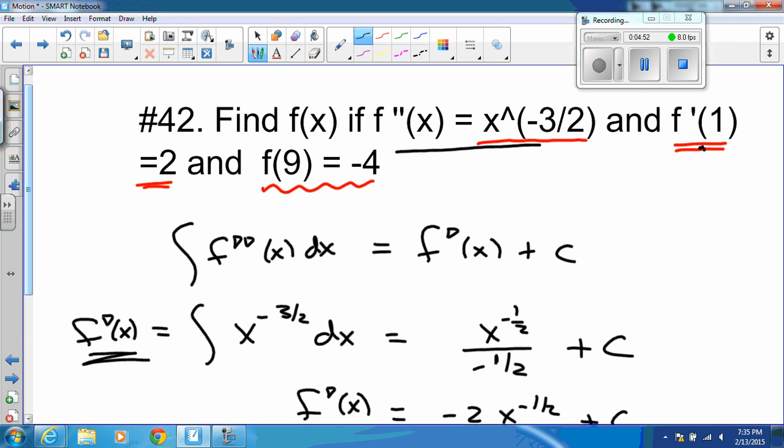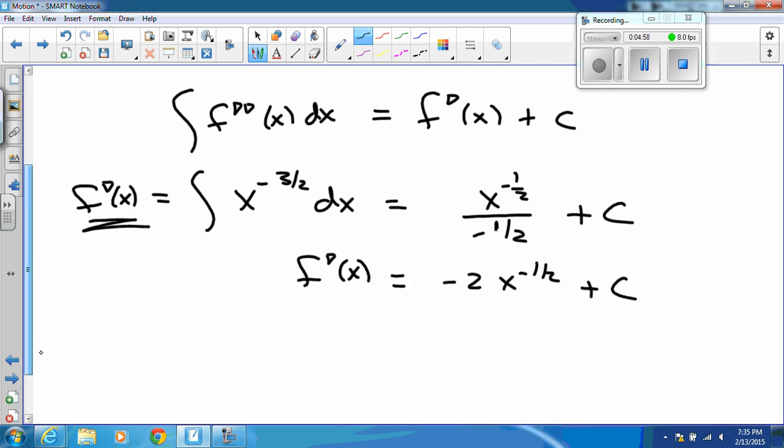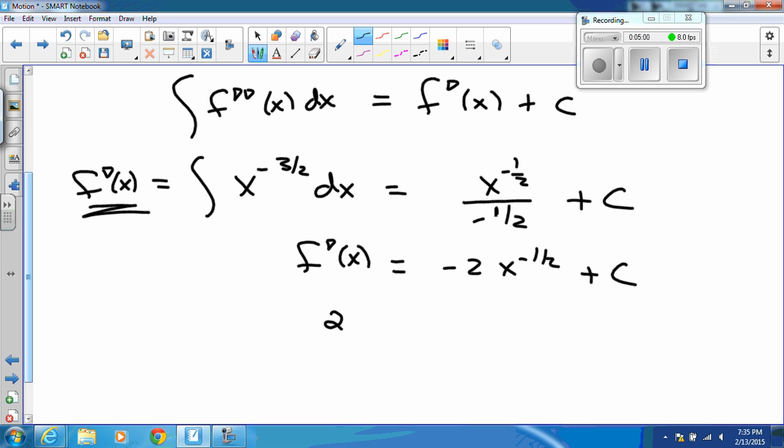Now to find the value of c, we appeal to the initial condition for f prime. When x is 1, then f prime is equal to 2. And so I can substitute just like so. When x is 1, f prime is equal to 2.